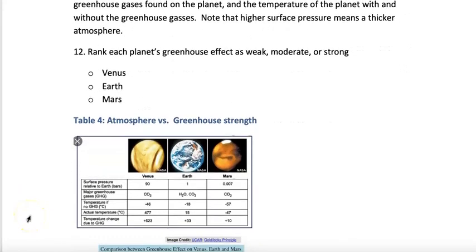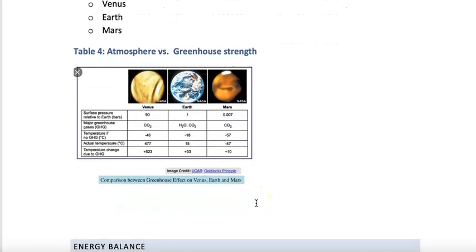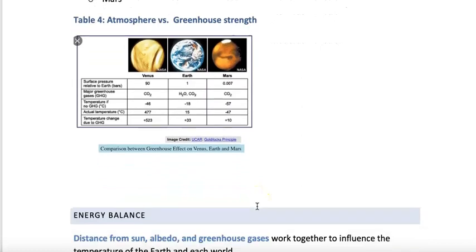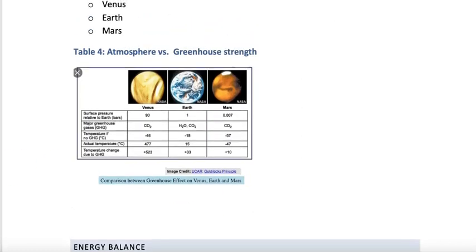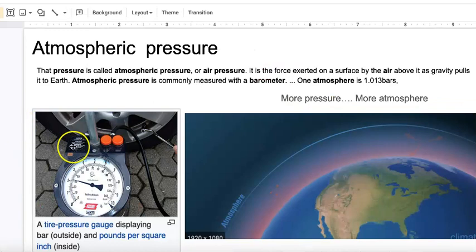The big idea is that planets can have strong, weak, or medium greenhouse effects. Strong would be Venus, weak would be Mars, and Earth would be just right. The greenhouse strength, I just want to quickly go over, is related to the amount of gas that we have, so the amount of atmosphere.